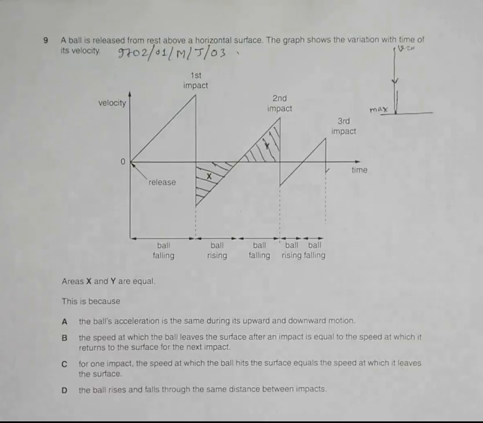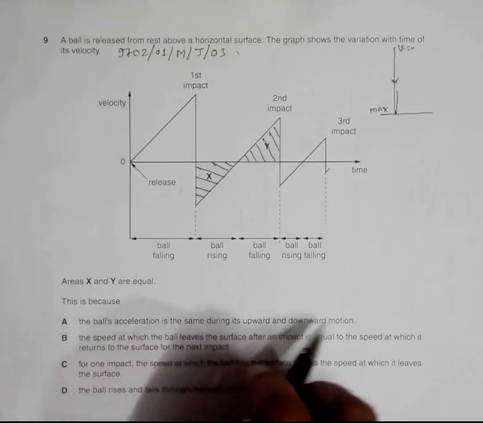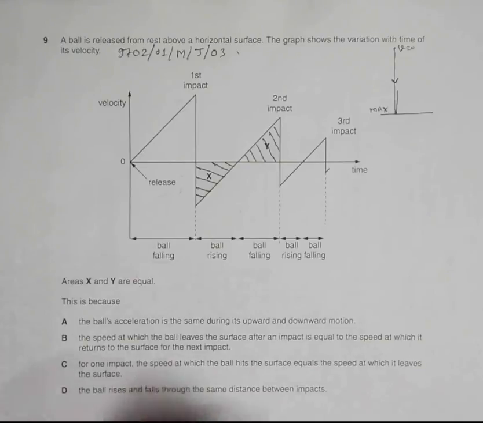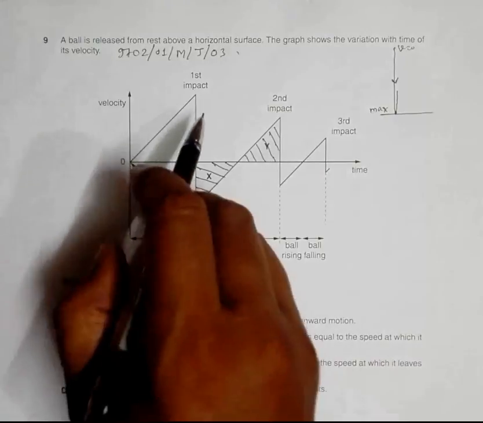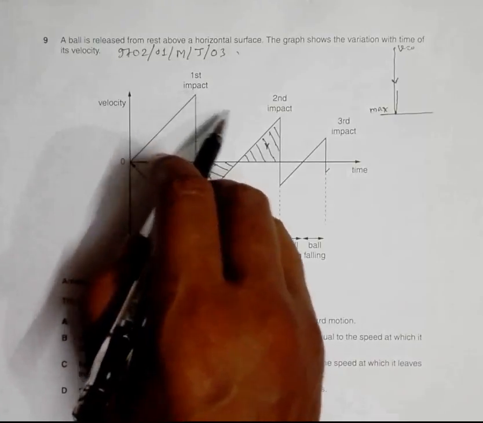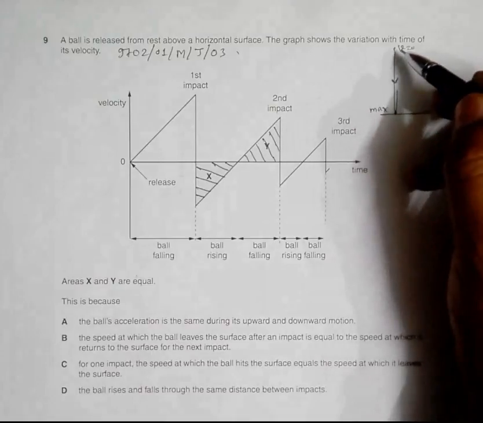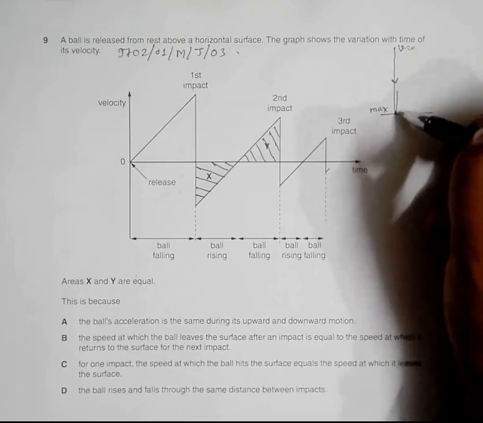So we have to search for the region which says whether the ball's acceleration is the same during upward and downward motion, whether the speed at which the ball leaves, and so on, for one impact. Initially the velocity of the ball increases from 0 to max velocity.